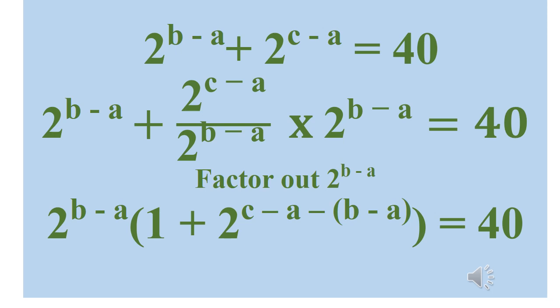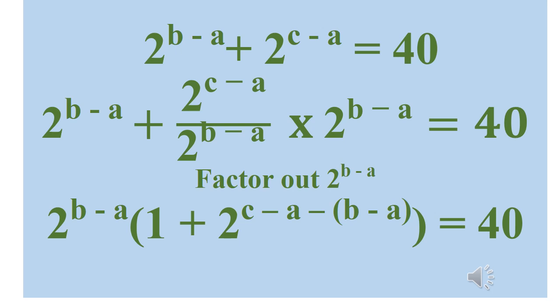So if we factor out 2 raised to power b minus a, we have 2 raised to power b minus a into bracket, then that first one becomes 1 plus, if we factor out the times 2 raised to power b minus a, we have 2 raised to power c minus a over 2 raised to power b minus a.